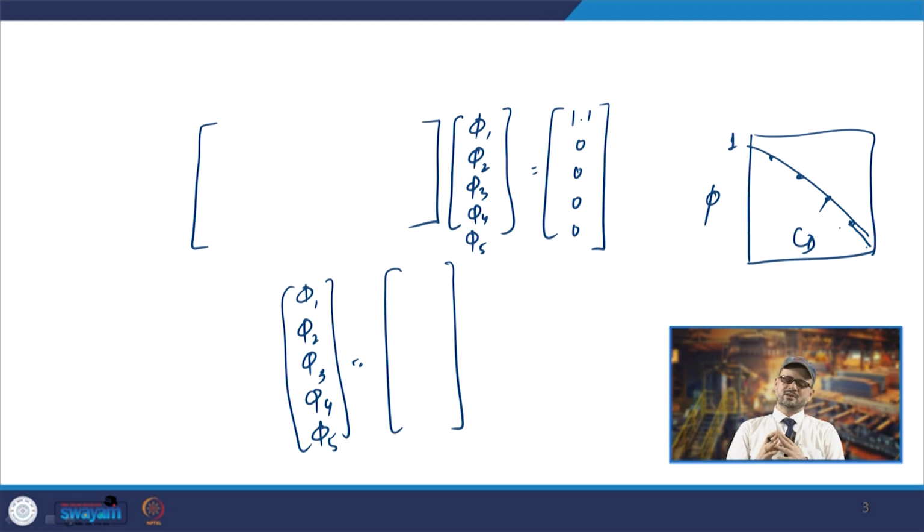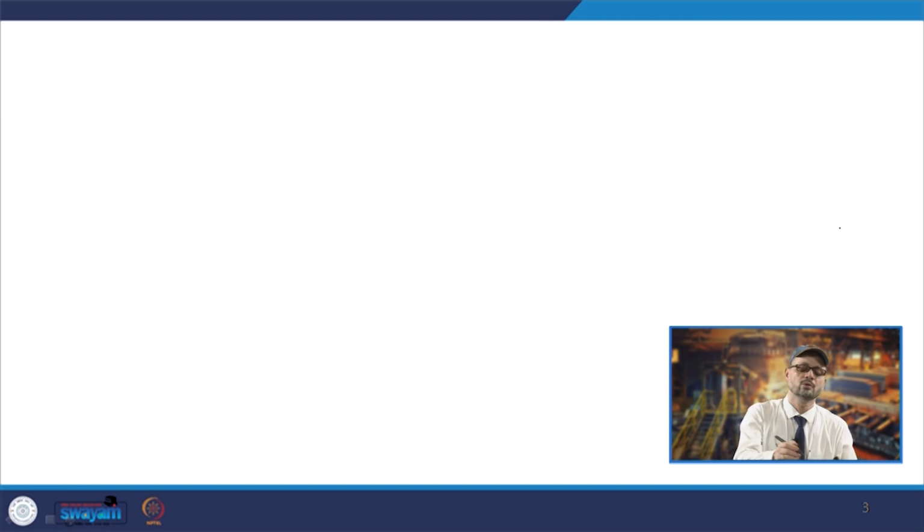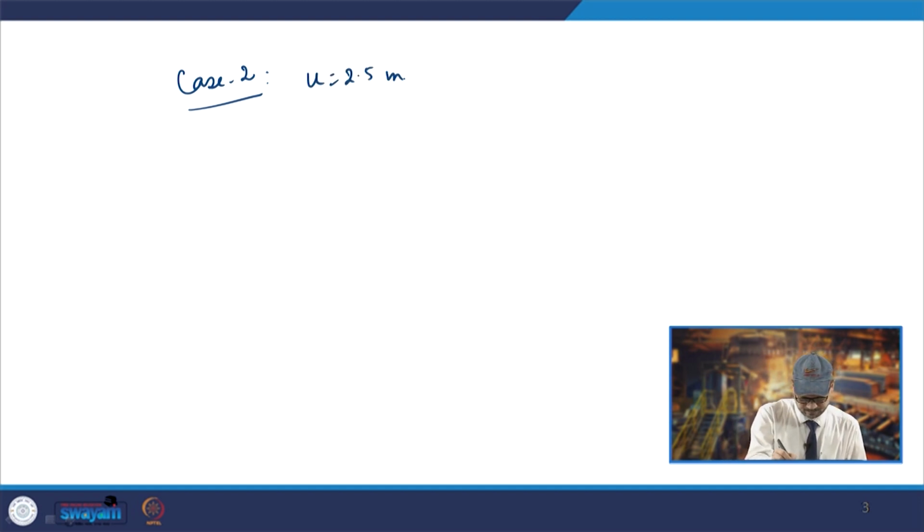Now, the problem which can be seen later will be because of case 2, which we will be dealing with. If we deal with case 2, u becomes larger, 2.5 meter per second.